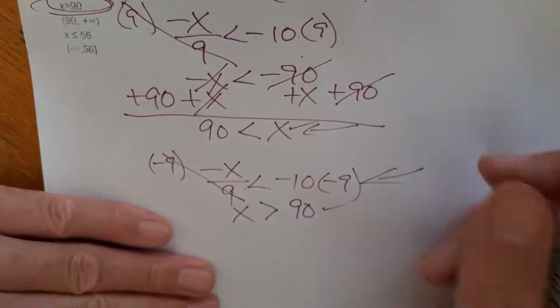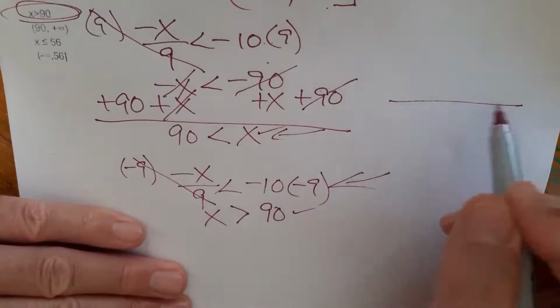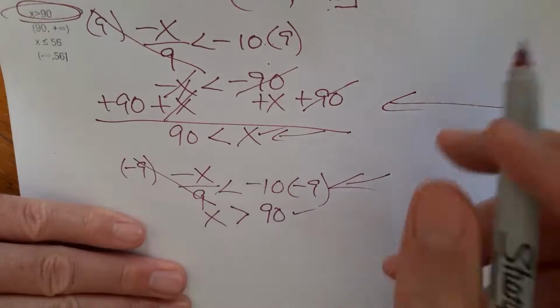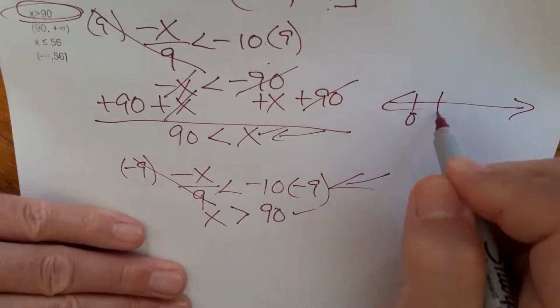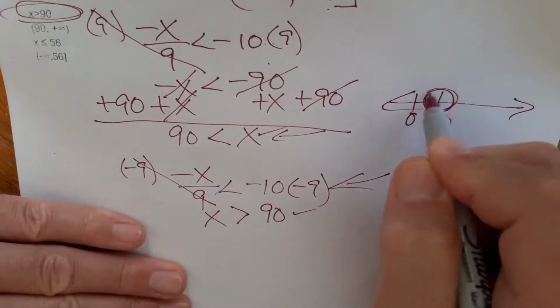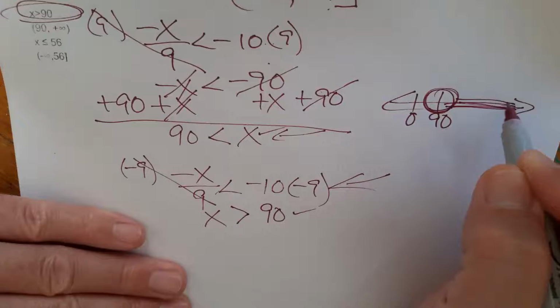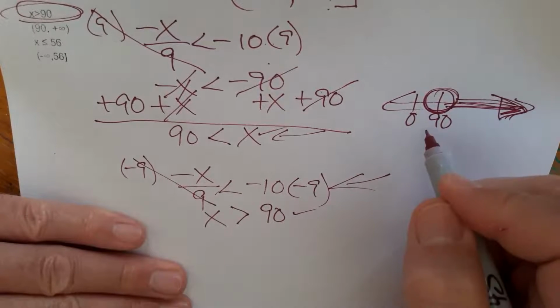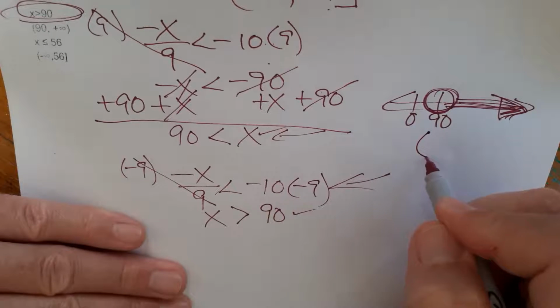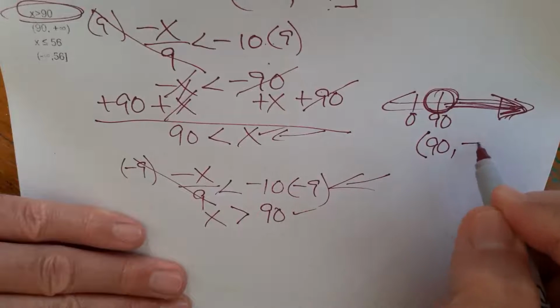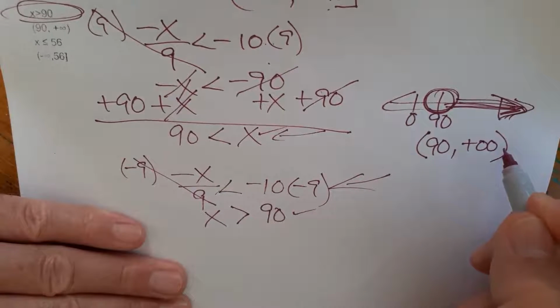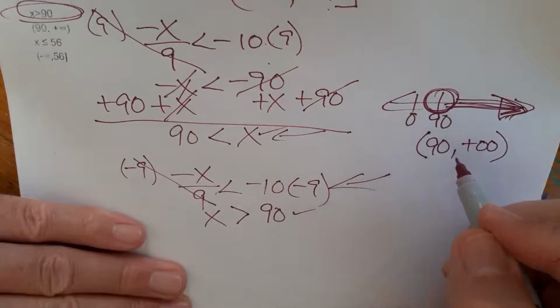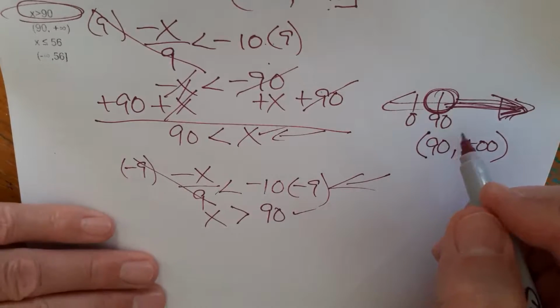Let's do the graphing. X is greater than 90, so let's say this is 0, this is 90, x is greater than is an open dot off to the right. Okay, so it would be a parentheses 90, comma, going all the way up to positive infinity, which is not a number. So 90, comma, positive infinity, 2 parentheses.